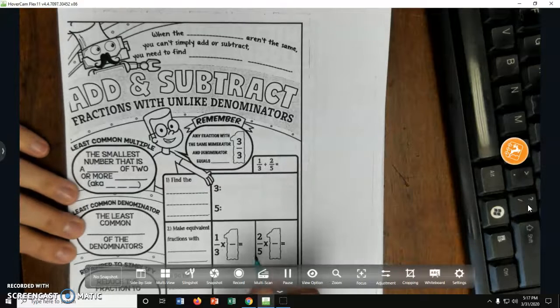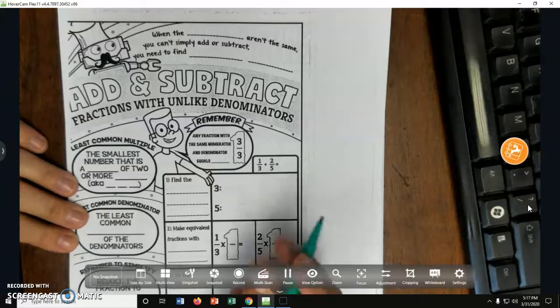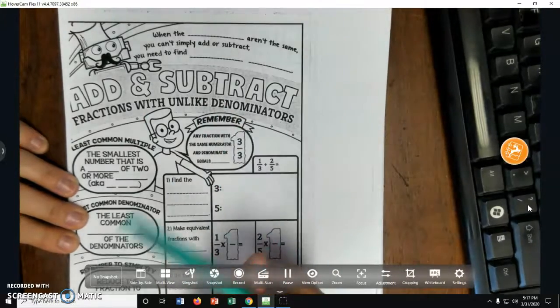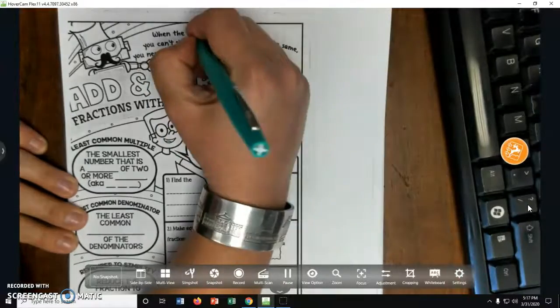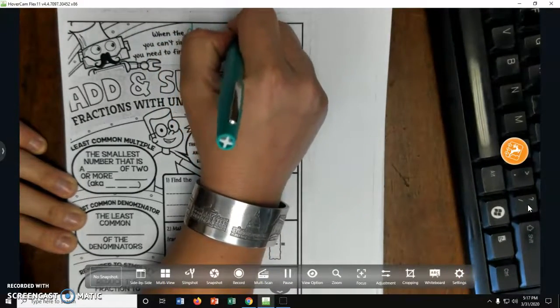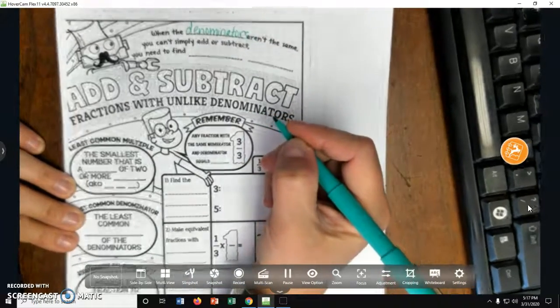Here we go. When the blank aren't the same, you can't simply add or subtract. All right, well, we're talking about fractions. So when the denominators aren't the same, you can't simply add or subtract.